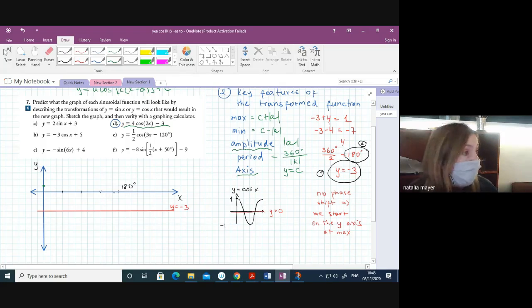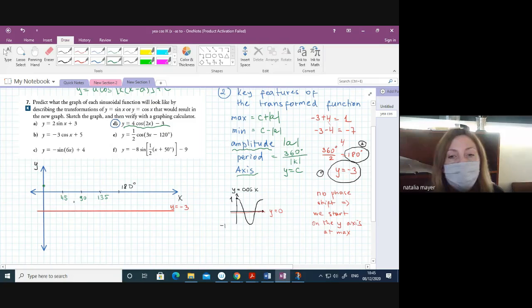So you take 180 and divide by 4. That's 45. So 45 plus 45 is 90, plus 45 is 135, plus 45 is 180. So now you know all the x values.